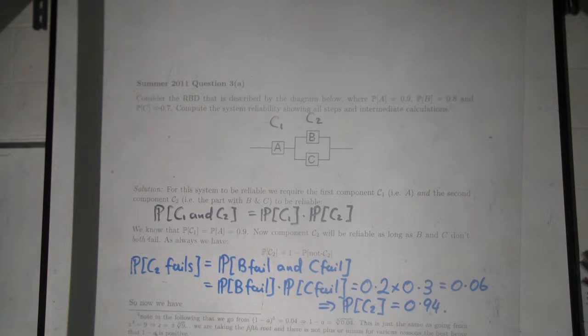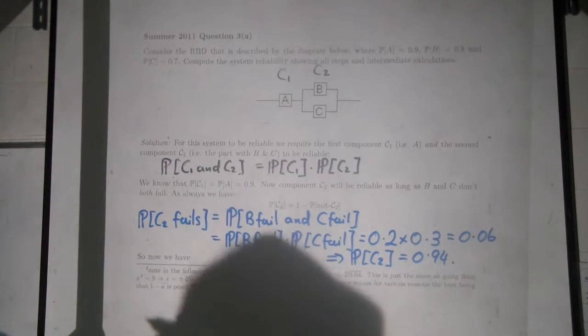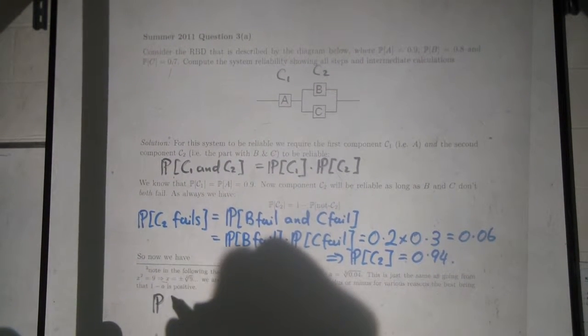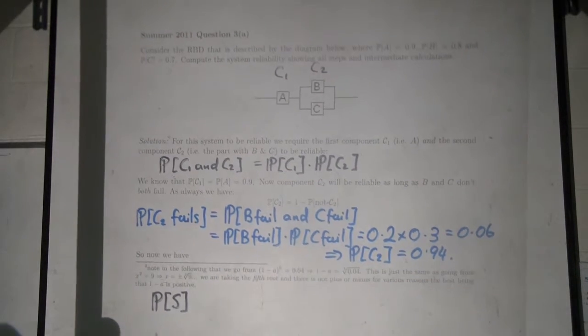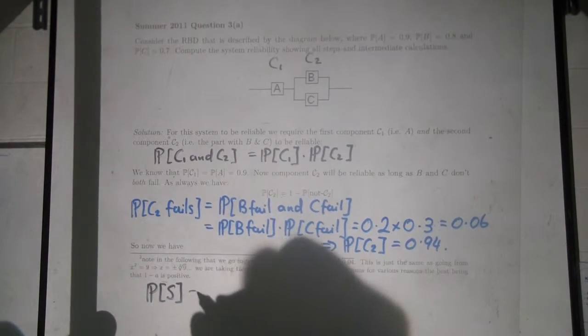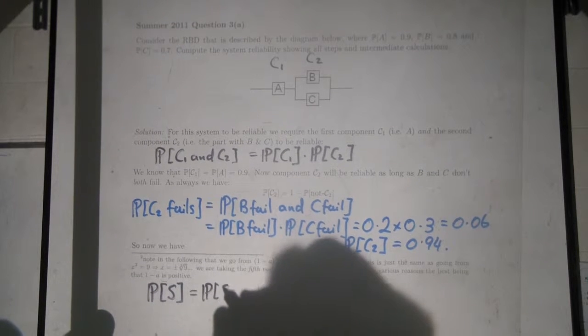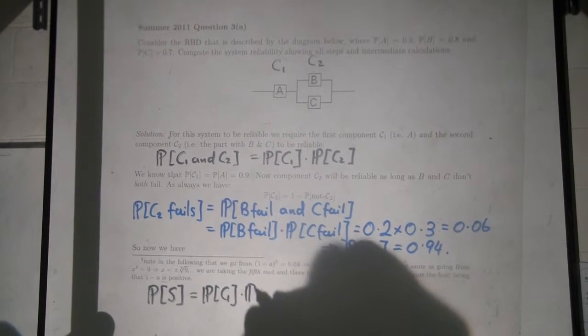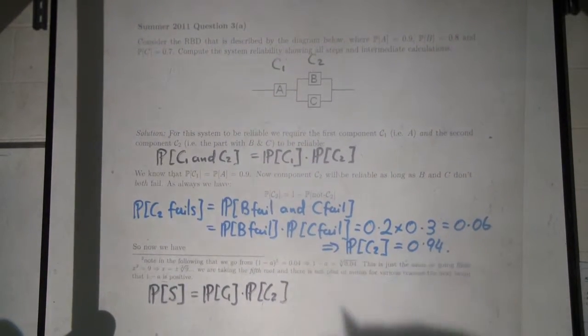If we go to the conditional, I want to keep it as easy as possible here, and is going to be multiply. Simple as that. So altogether, the reliability of the system is the probability of the first component working and the second component working. Multiply them together.